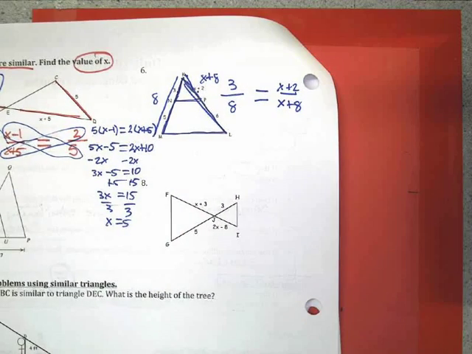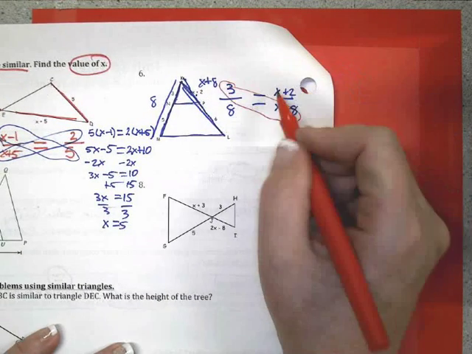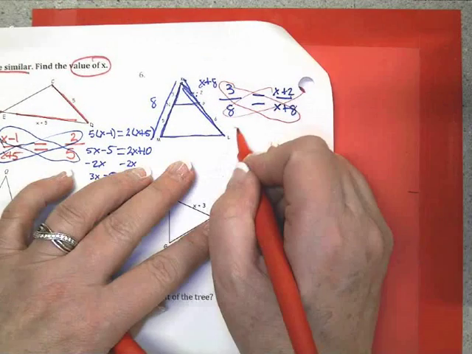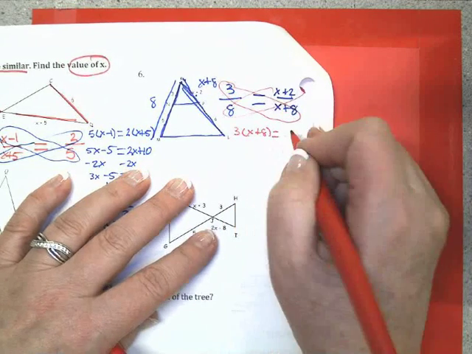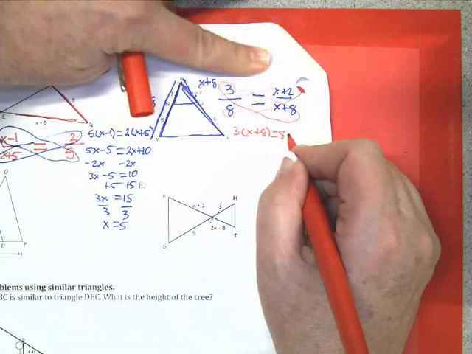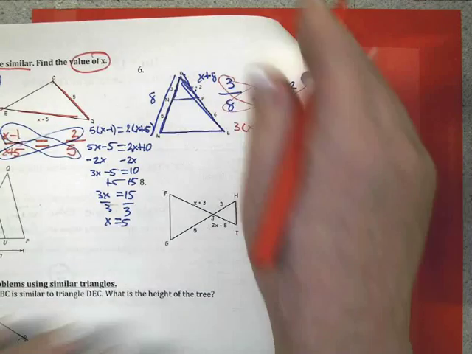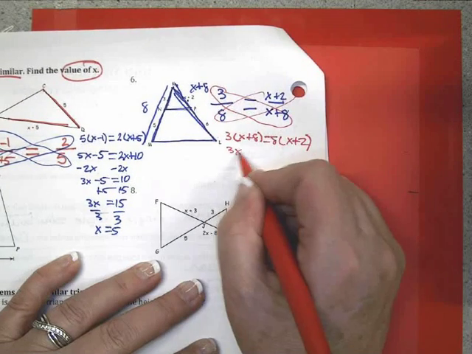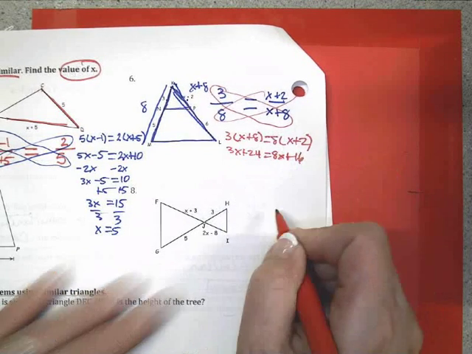Okay, from here let's cross multiply, just like we did on the previous problem. So 3 parentheses x plus 8 is equal to 8 parentheses x plus 2. And distributing, 3x plus 24 equals 8x plus 16.